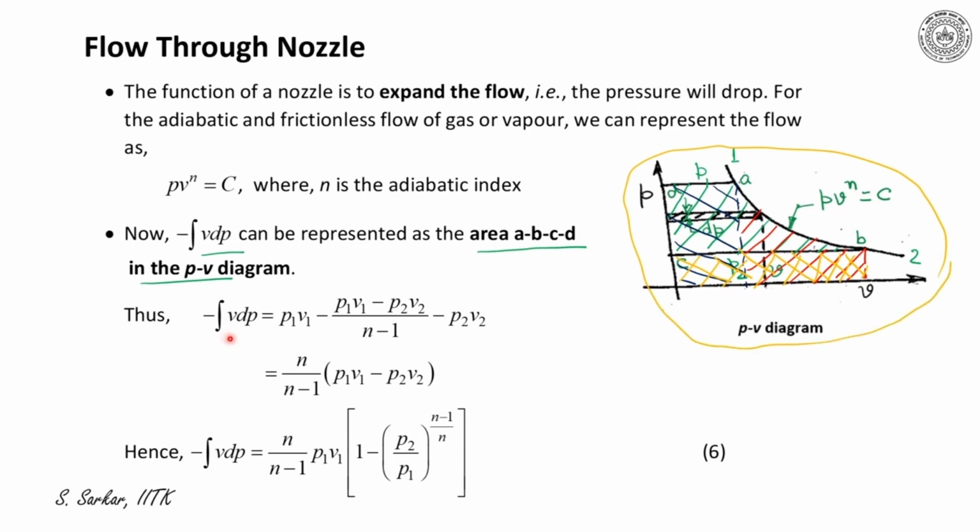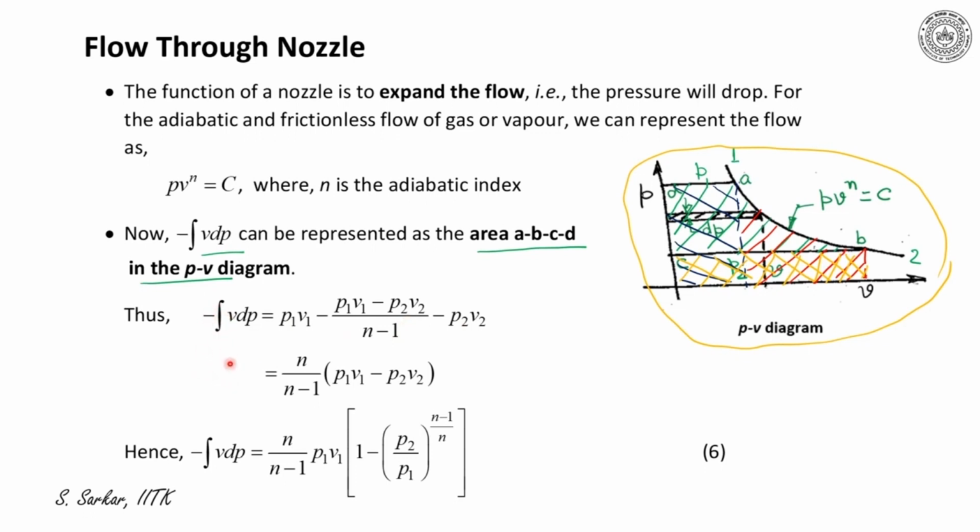Thus integral minus V into dP is equal to (P1 V1 minus P2 V2) divided by n minus 1, minus P2 into V2. Thus if you follow these different shaded portions, you will realize how I have evaluated integral V into dP.